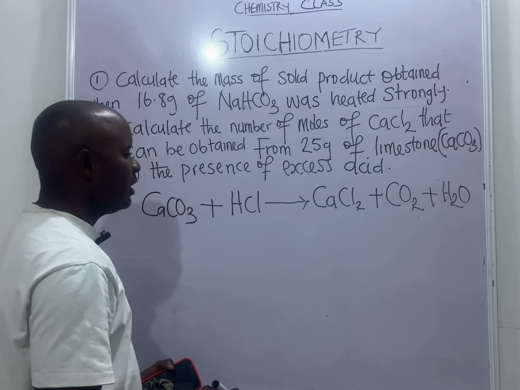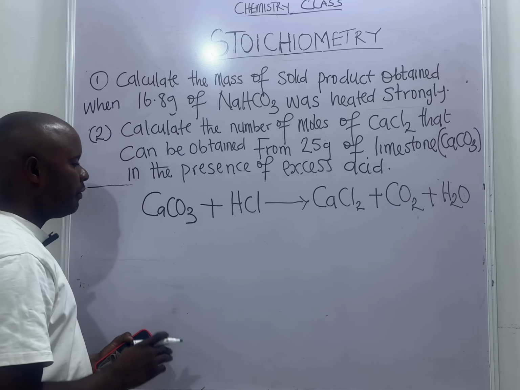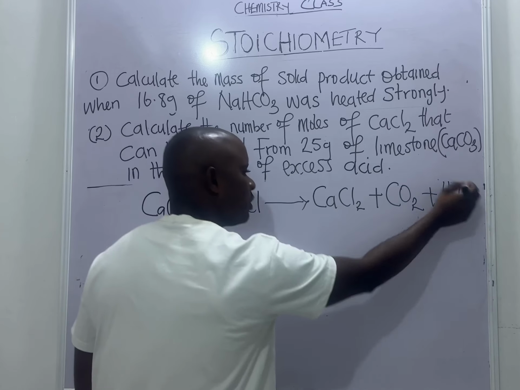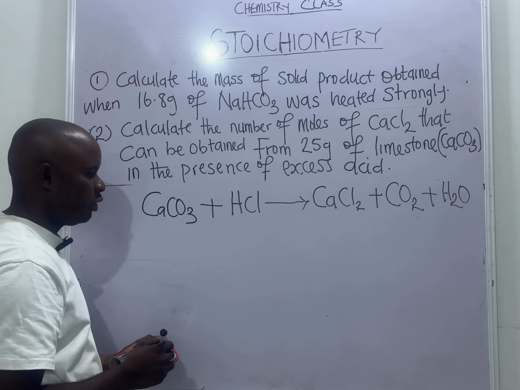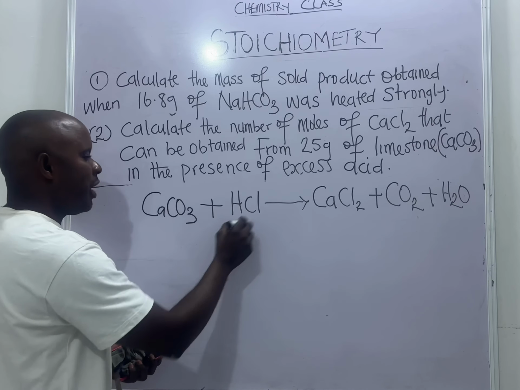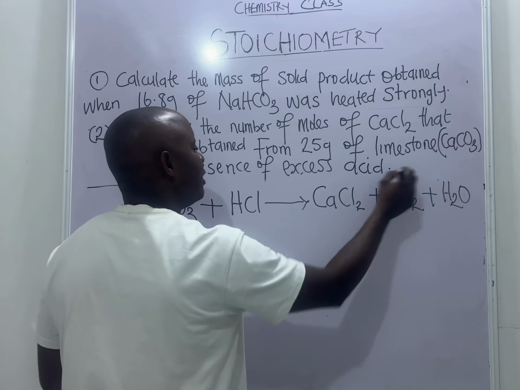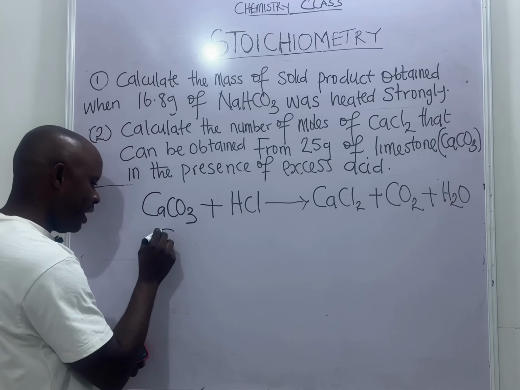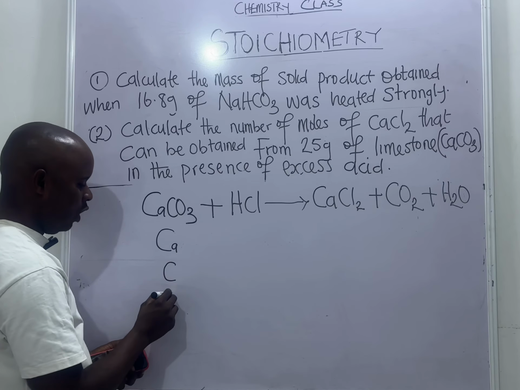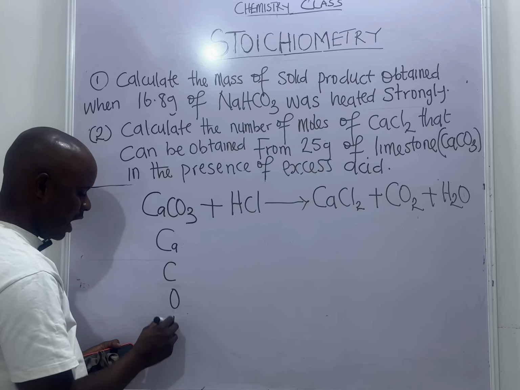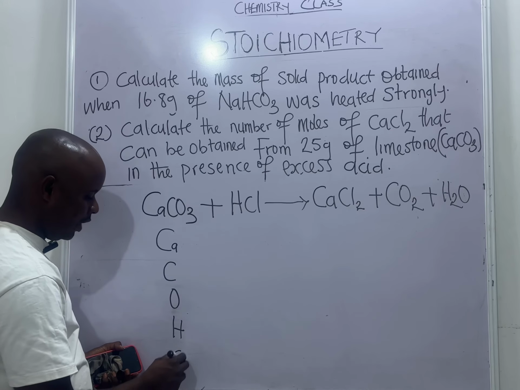As I've said, this is a given chemical equation. If this is the product, we must know whether this chemical equation is balanced or not. Whatever started a reaction here actually ends it, by the law of conservation of mass. Calcium must be here, carbon is here, oxygen is here, hydrogen is here, chlorine is here.